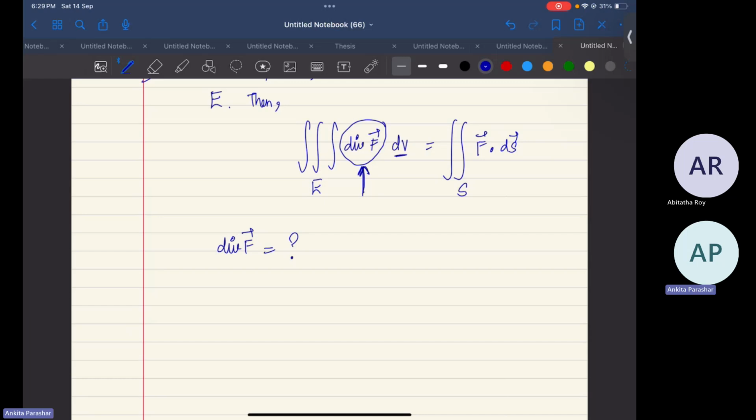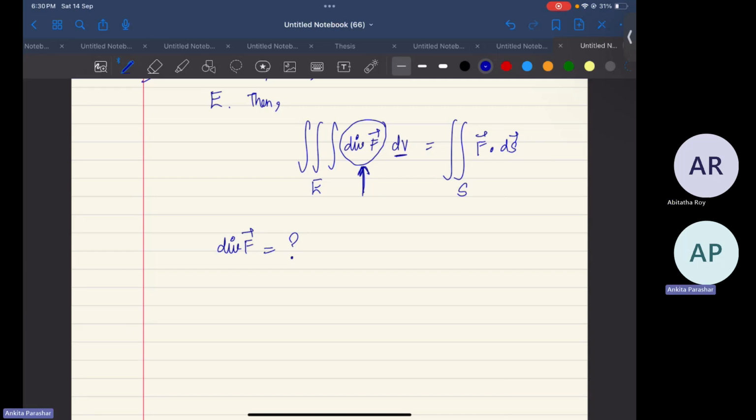Just like you have F and you can talk about the curl of it, which comes out to be a vector. It's like the cross product of the gradient with F. And what is divergence F? Most naturally, if I have to find a vector out of two vectors, you take the cross product.